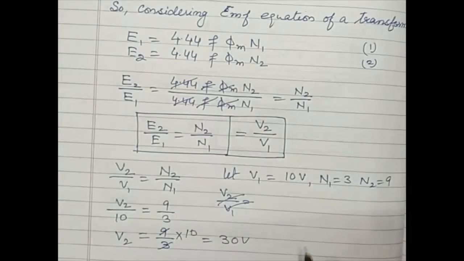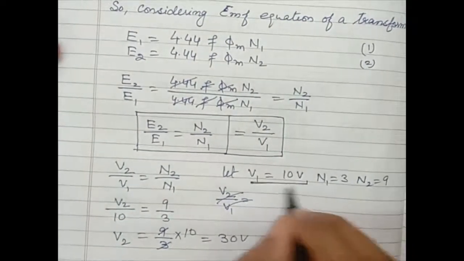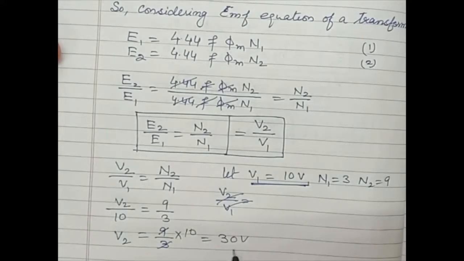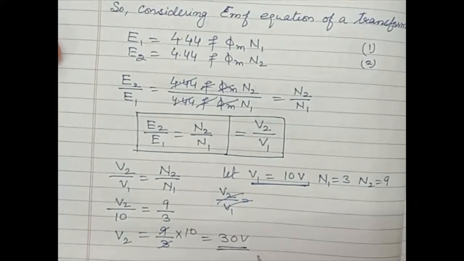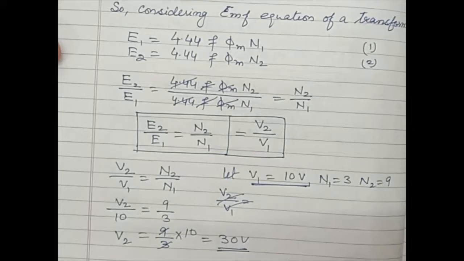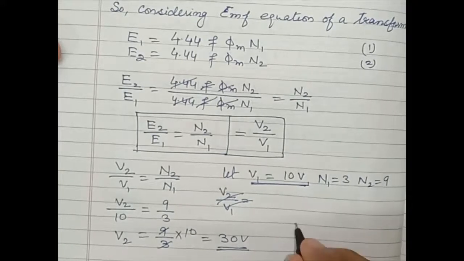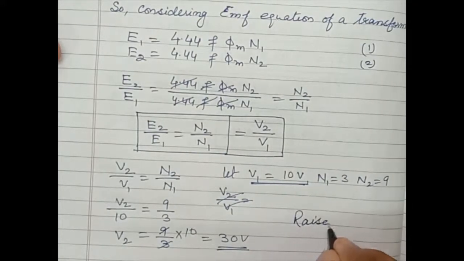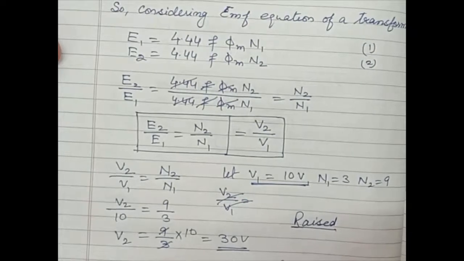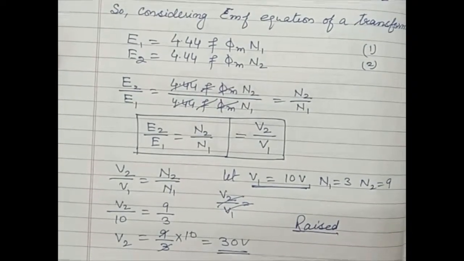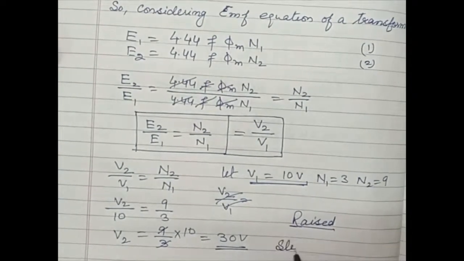What we are seeing is that we are giving a voltage of 10 volts, and on the output side we are getting a voltage of 30 volts. It means the voltage level is raised. Such types of transformers are known as step up transformers.